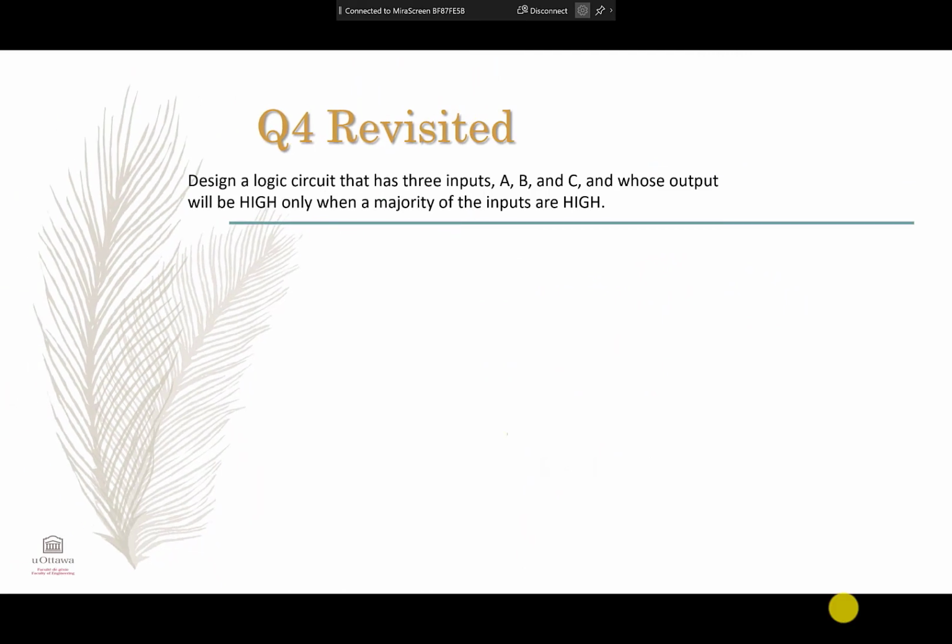Okay, guys, if you remember the last question we solved together at the review session, which is designing a logical circuit at which the output will be high as long as 2 of its inputs are high. So the output F will be equal to 1 if 2 or more inputs are equal to 1.